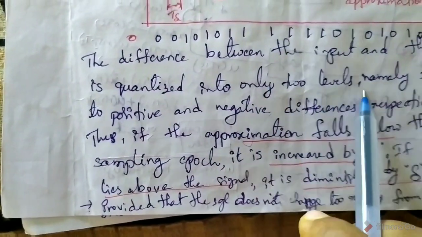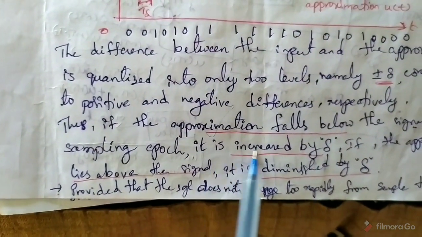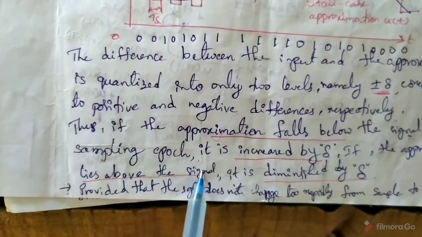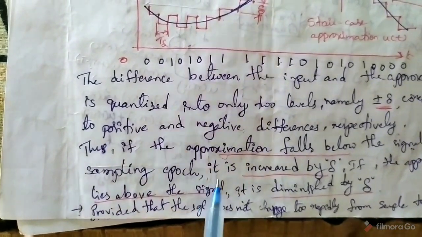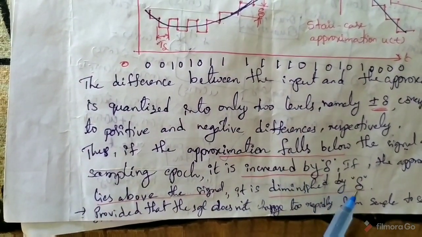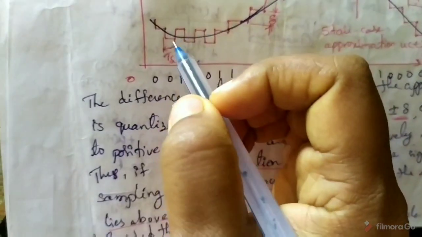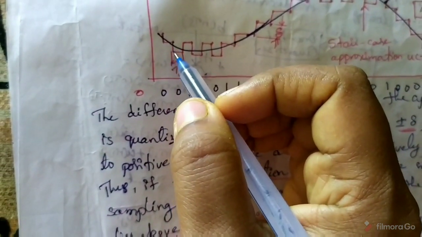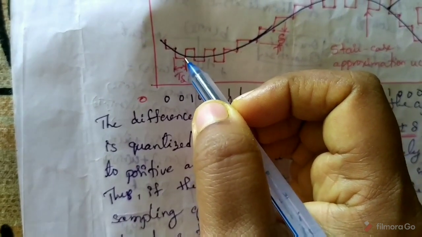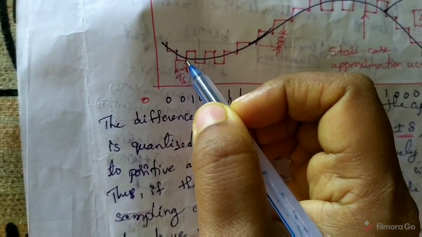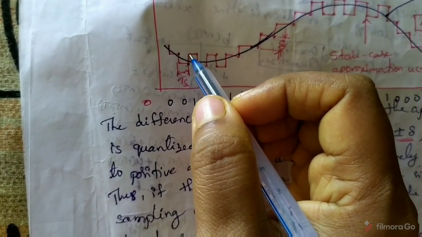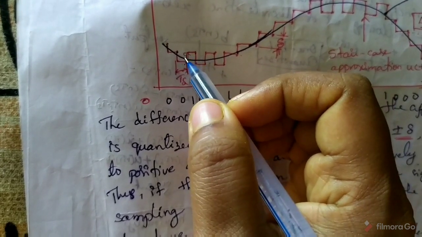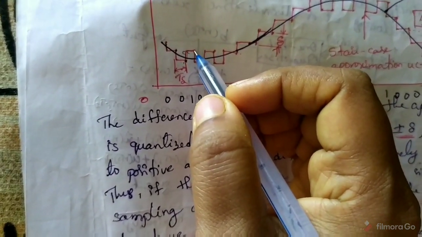See here, if the approximation lies above the signal, input signal, here it is above the signal, it is diminished by delta. So decreased by delta, that too in the staircase form. So one step. Now see here, this point is below the input signal, hence it is increased by plus delta. This is delta. Now we are at this point.